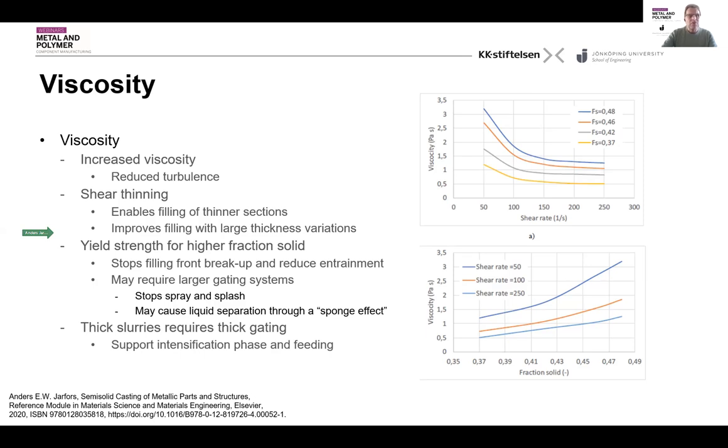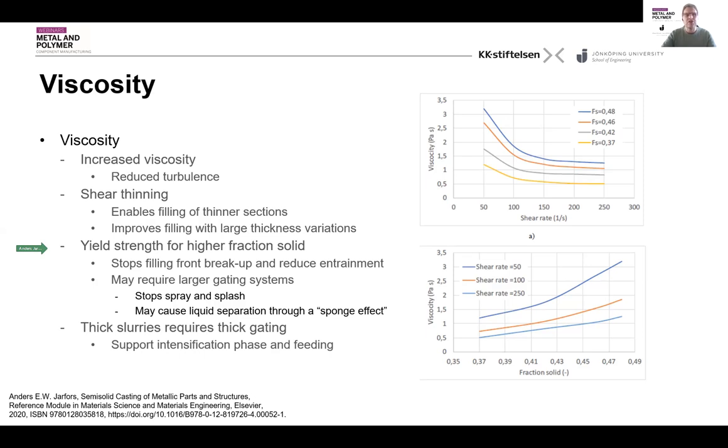Now, one thing when you come to higher fraction melt is that the slurry often exhibits some kind of yield strength. And this has both positive and negative effects. One positive effect is that as you enter the die, this will add to surface tension, you could say, and it stops the filling front breakup and reduces gas entrainment even further.